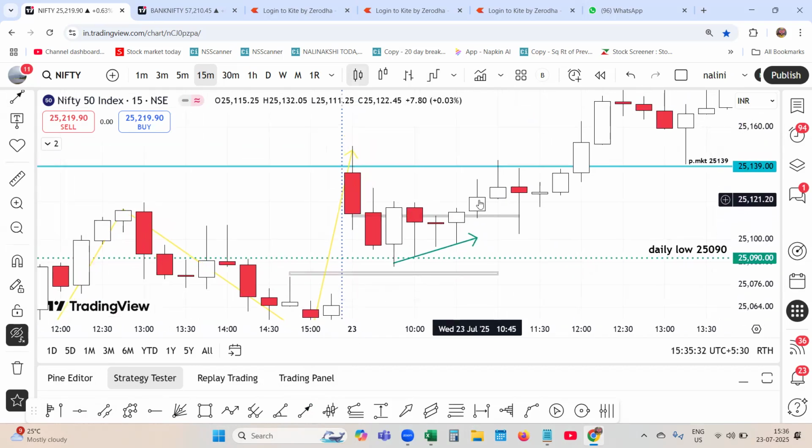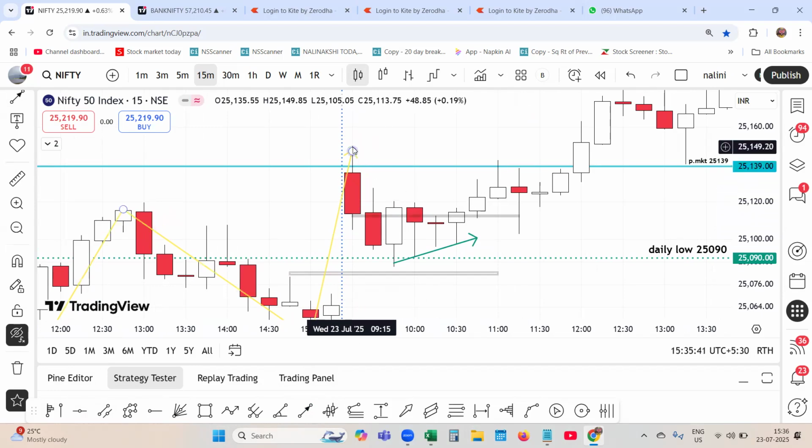And then it was a reversal candle, breaking above, making a higher high, and it was the immediate resistance. Naturally, the market tapped into this high, that is 25,139. I said in my video, if the market goes above 25,139, then the market will continue higher.